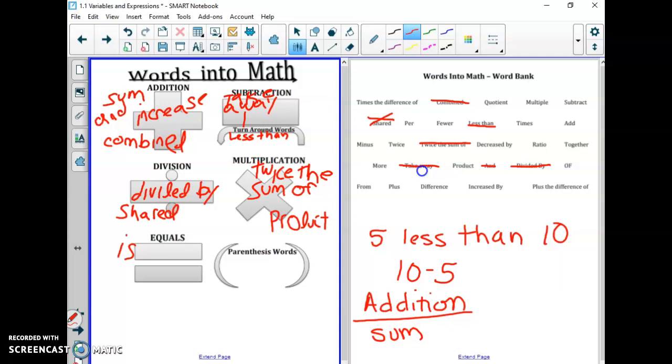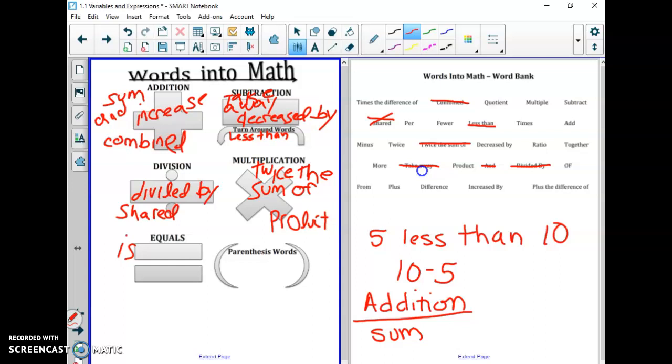So there's not a lot of room left on the board here. So I think what we're going to do is right above the rest of the words that are left over, we're just going to write the symbol down. You can write them in your thing if you want to. It's just that on the board there's not a lot of room. So what do you think "times the difference of" is? Is that going to be multiplication, adding, subtracting, division?